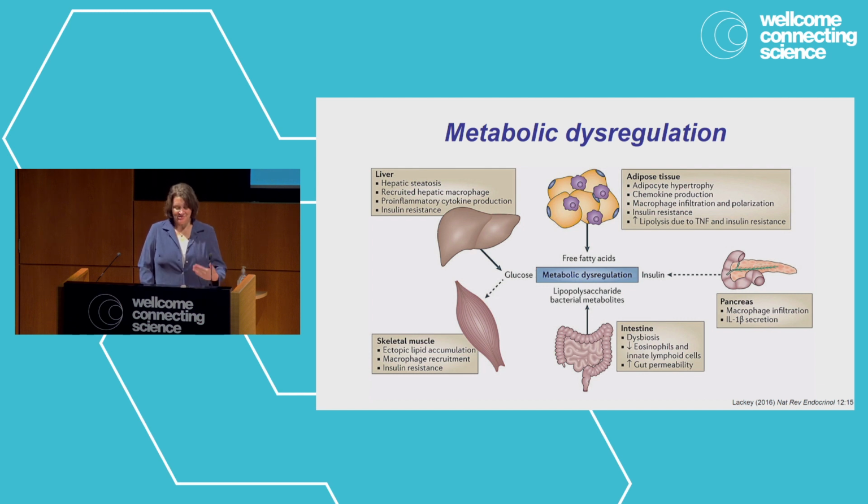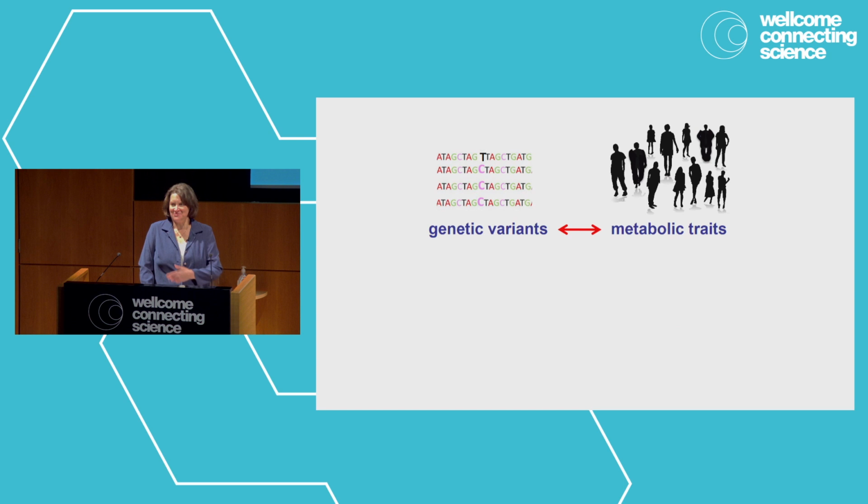So we use a genetic approach to try and understand what those players are. I'm going to focus today largely on adipose tissue and on liver tissue. By a genetic approach, as introduced earlier this morning, we're looking at genetic variants, such as the T to C variant here, and their association with metabolic traits. This has been a well-established analysis for some 15 years.